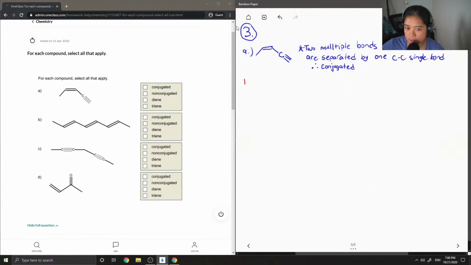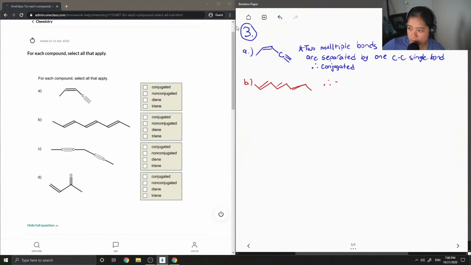Okay, so let's look at compound number B. You'll see we have 3 double bonds, all separated by 1 carbon-carbon single bond.